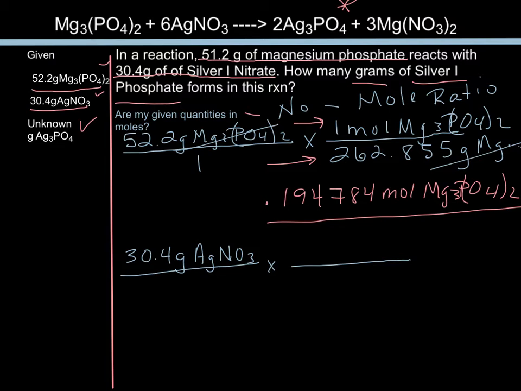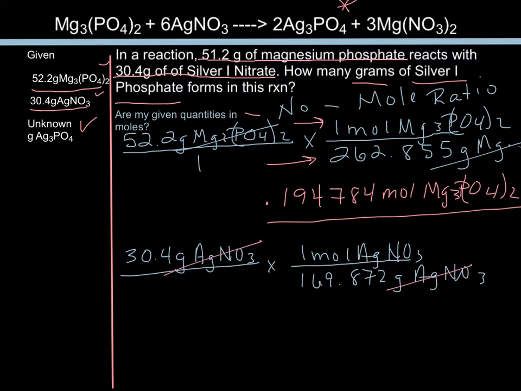I know that in 1 mole of silver nitrate, there are 169.872 grams of silver nitrate. Now, once I have this, I know that my grams of silver nitrate are going to cancel, and once those cancel, the only unit that's left is moles of silver nitrate.